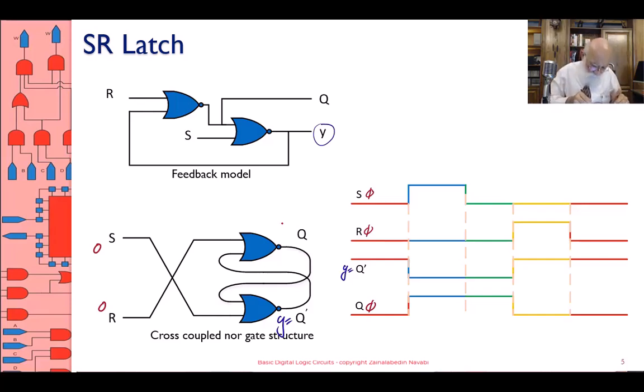So I'm starting with 0, 0, 0. Okay? If I start with 0, 0, 0 on S, R, and Q, Q is a 0, goes to the lower NOR gate. S is 0, goes to the lower NOR gate. And therefore, Y is presently 1. And therefore, this is what I'm starting with. Don't look at Y for now. Okay? I only want to show you the relation between S, R, and Q.